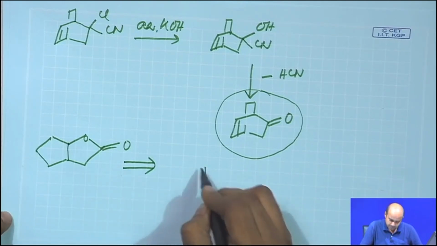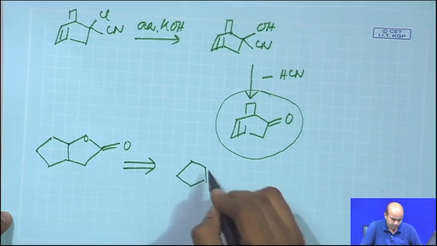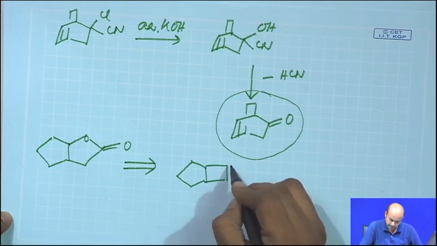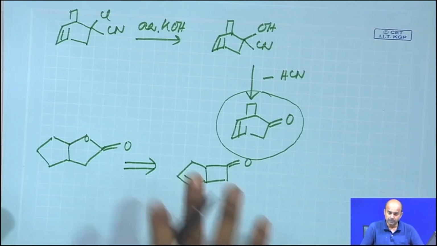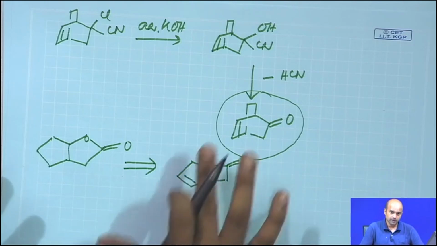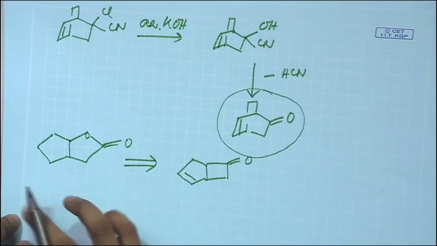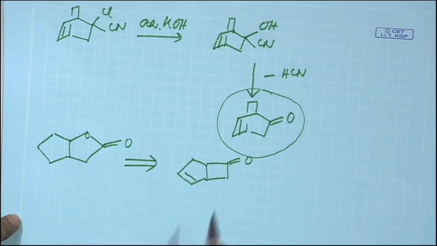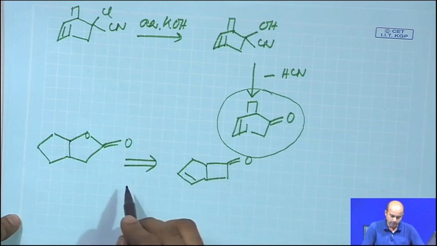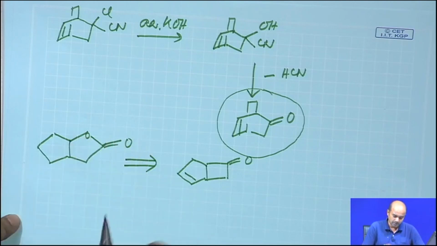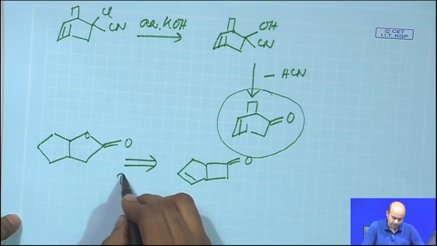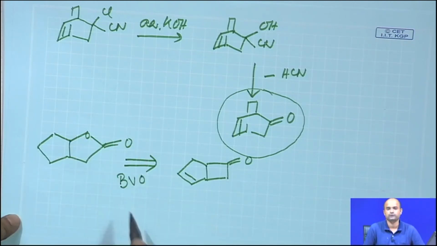Now, I do a retro by putting something else. We put a double bond here. Why I put the double bond will be quite clear after some time. It means you just need to do two transformations. This is a 4-member ketone. Now, a 4-member ketone can undergo a ring expansion reaction to give a 5-member lactone, through a transformation called the Baeyer-Villiger oxidation.